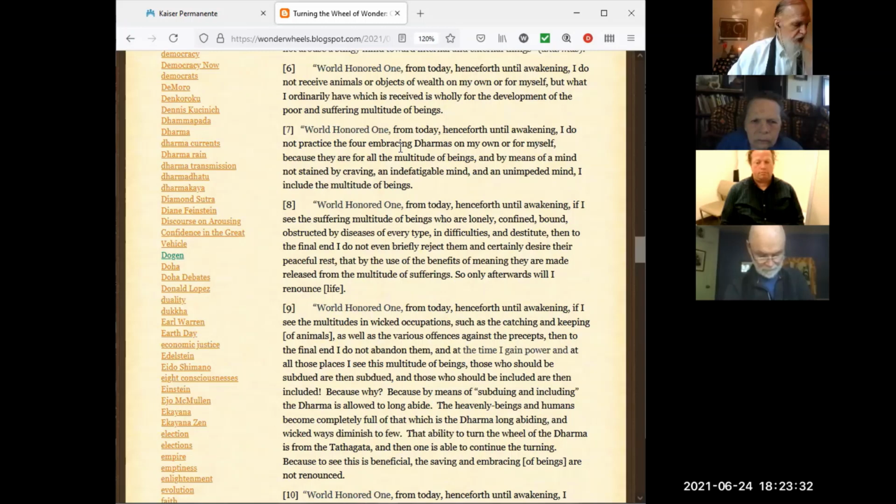Chang has the four inducements, and Diana Paul has four all-embracing acts. So she changes the word dharmas to acts. I don't know why. But what these refer to are the four methods of how to teach the Dharma to convert beings.